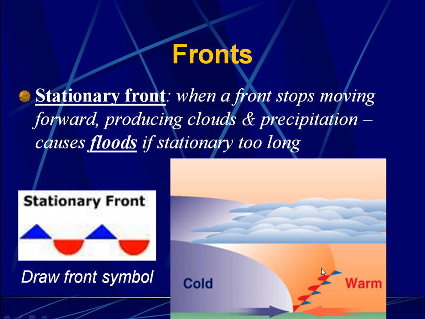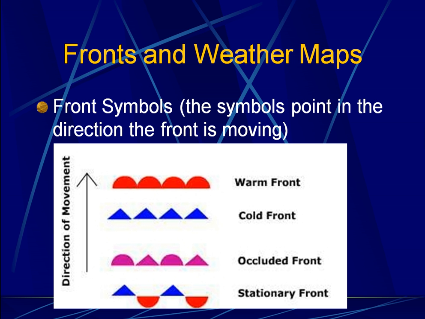So it tends to produce rain, and since it's stationary, it's not moving, it can cause floods. But eventually one of these two will win and power over the others. So these are our four fronts that you will see on a weather map: warm, cold, occluded, and stationary.